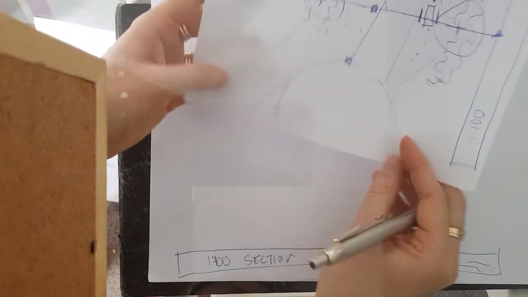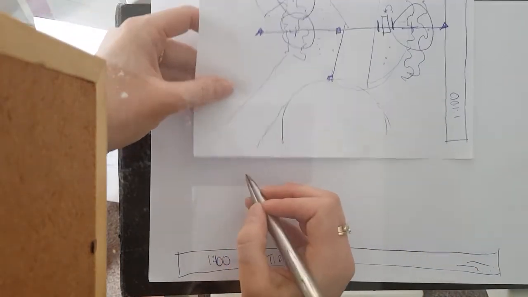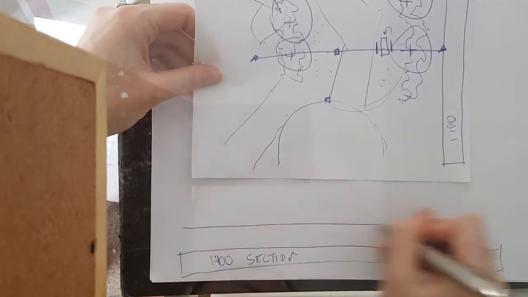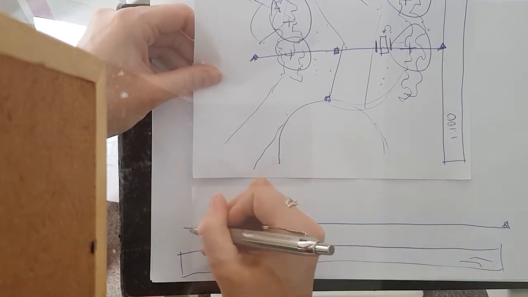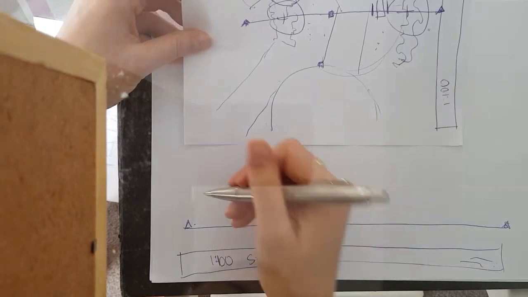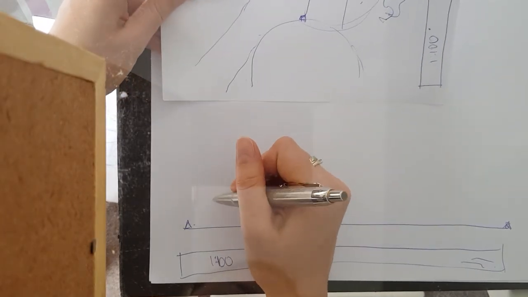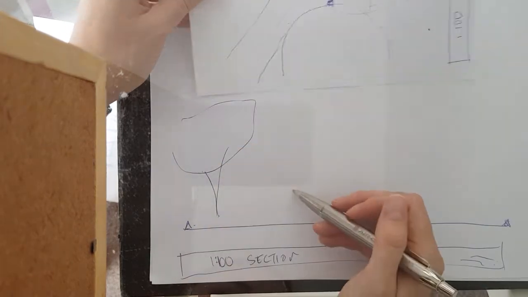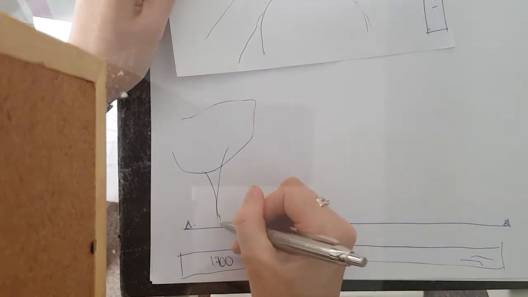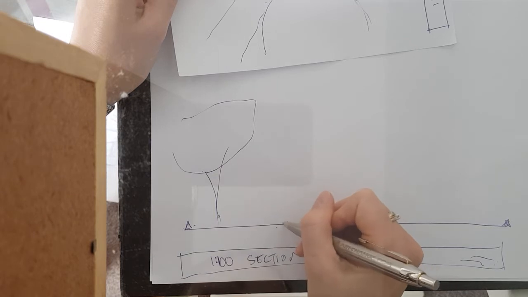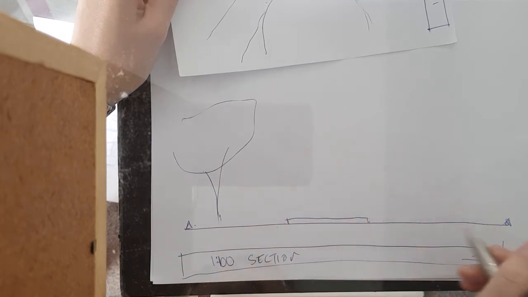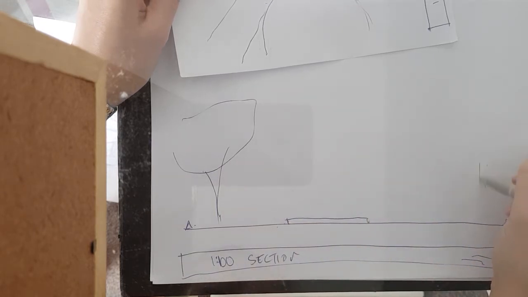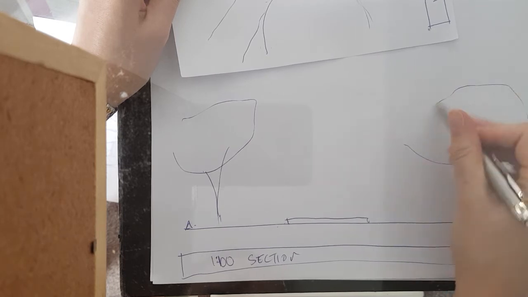So what we could do, for example, if this was our section, is we'd probably obviously draw this to scale at 1 to 100, and our section would probably look something like this. It's probably going to have a tree for some shade. We mentioned that there was sort of turf for a large part, and then there was quite a large path, and that we also had a tree on this side.